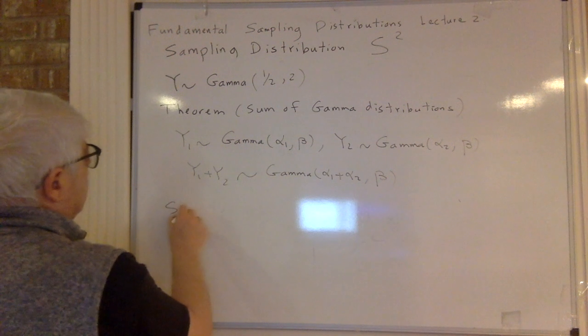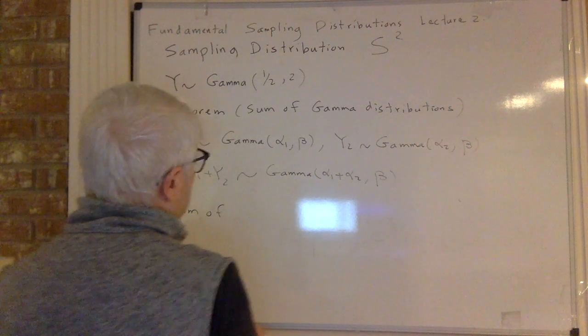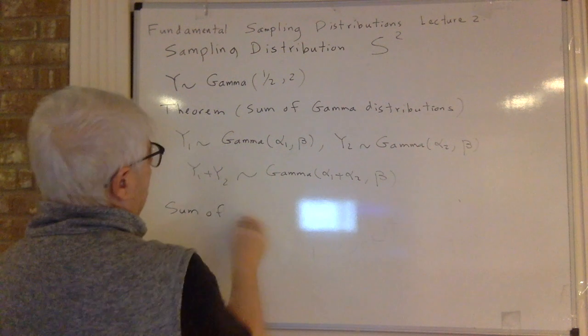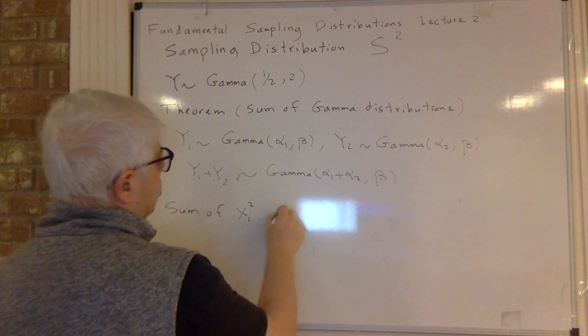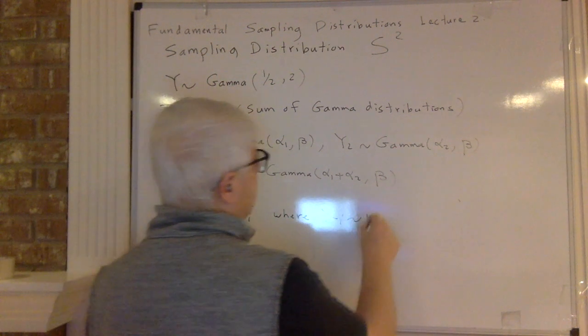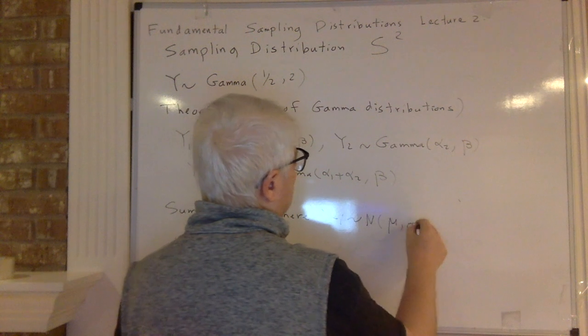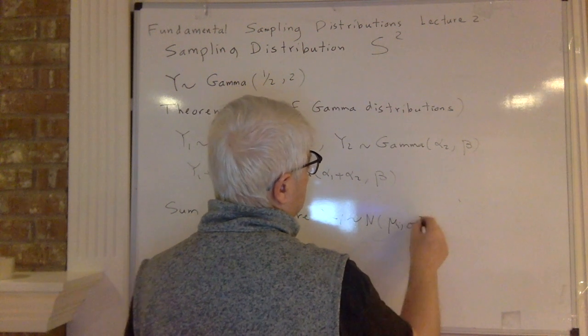Sum of some xi, sum of xi squares, where each xi is normal with mean mu i and variance sigma i squared, something like that.